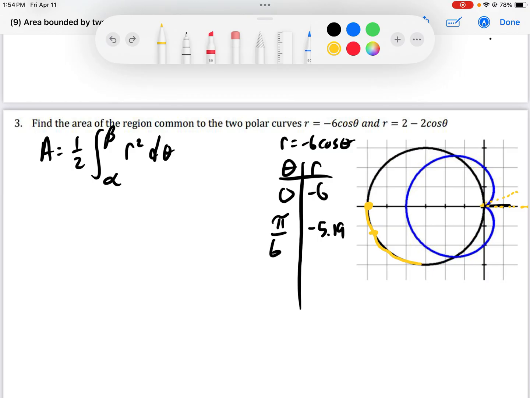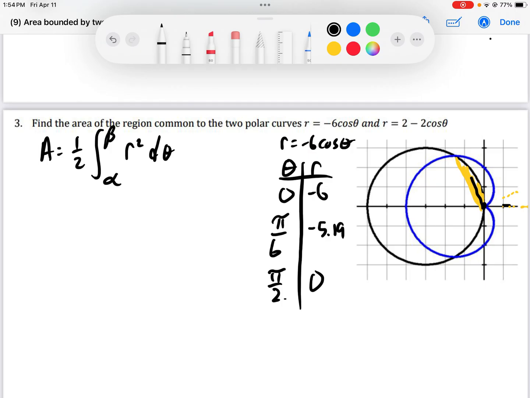All right, so I obviously don't start at theta equals 0. I don't start when theta is equal to pi over 6. I've got to find out what is the theta right there. And as I'm going this way, as I'm finding my radiuses, the black one's the first one, so it's at negative 6 cosine theta. If theta is pi over 2, which is what I think we're going to start at, cosine of pi over 2 is 0 times 6, so it's 0. So it's at this point here.